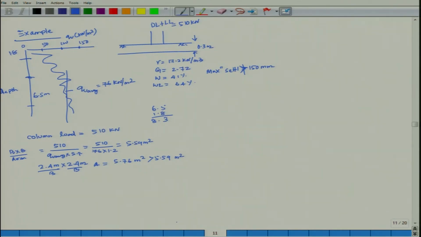Once I am getting good strength up to 6.5 meter depth, the depth of the foundation comes to 1.8 meter. So dF by B is equal to 0.75.